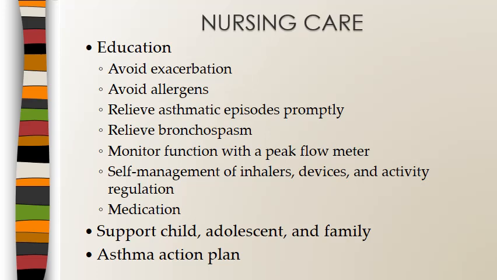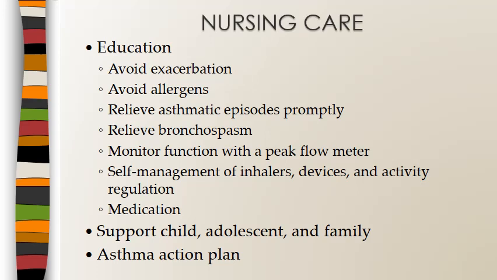So nursing care really does revolve around educating how to avoid exacerbation, how to avoid allergens, and to utilize their rescue medications promptly to relieve any type of asthmatic episode, also to relieve the bronchospasm. They're going to follow their pulmonary function using a peak flow meter, and also educate them with self-management of inhalers, the different devices, and activity regulation.